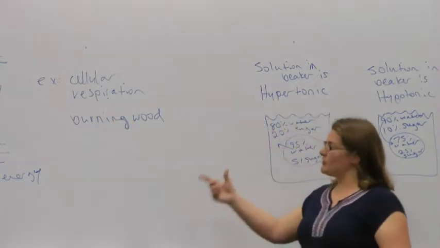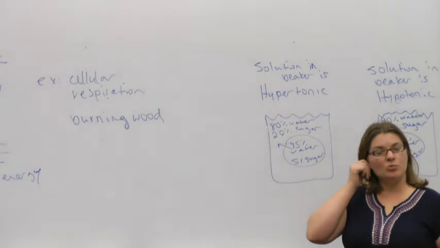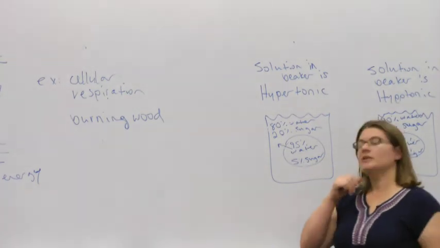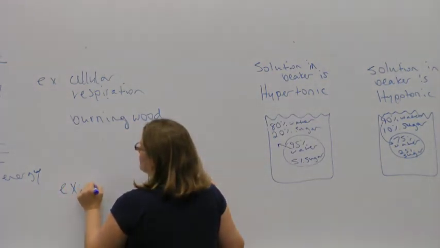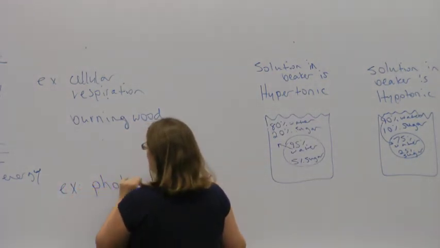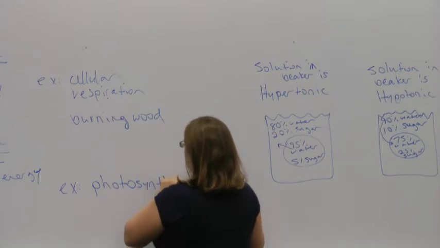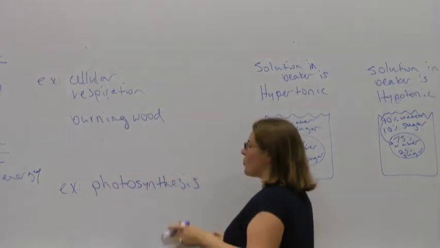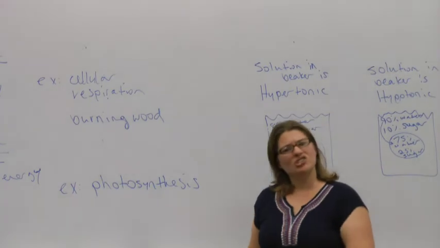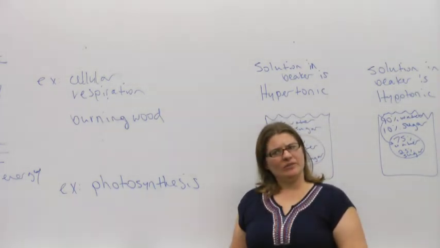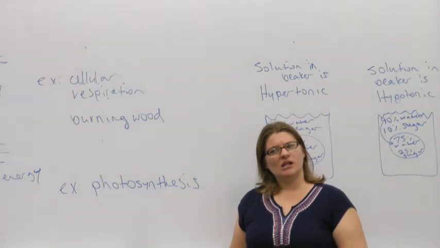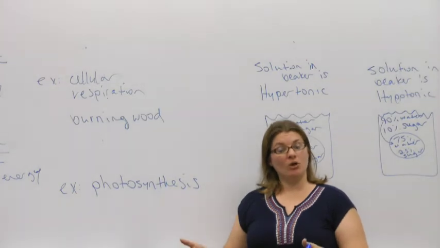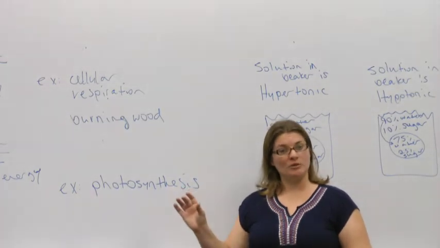And an example of an endergonic reaction is what process? Photosynthesis. Yeah, photosynthesis. Absorbing energy in what form? What is the source of the energy that gets absorbed? Sunlight. So that energy gets absorbed and then it gets stored. What does it get stored in? What's the end product? Carbohydrates, right? What's the end point of photosynthesis?